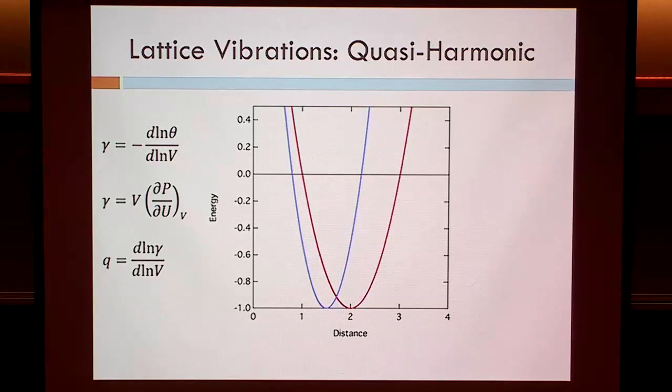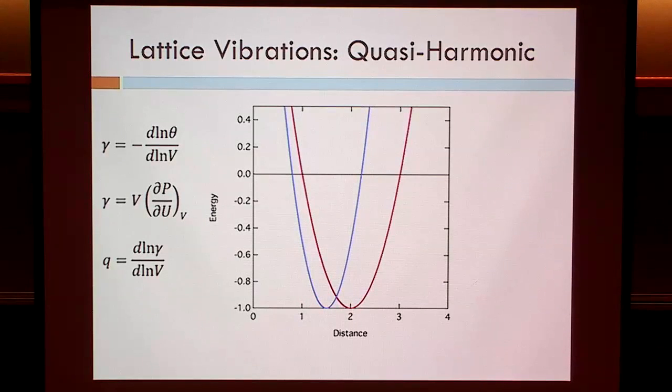It's sharpened up, and what that corresponds to, a higher force constant, higher vibrational frequency, is that the vibrational frequencies increase on compression. Bonds get stronger, the atoms start vibrating faster against each other. And so what's happening is that the frequency of the material is changing with compression. Low frequency at low pressure, high frequency at high pressure.